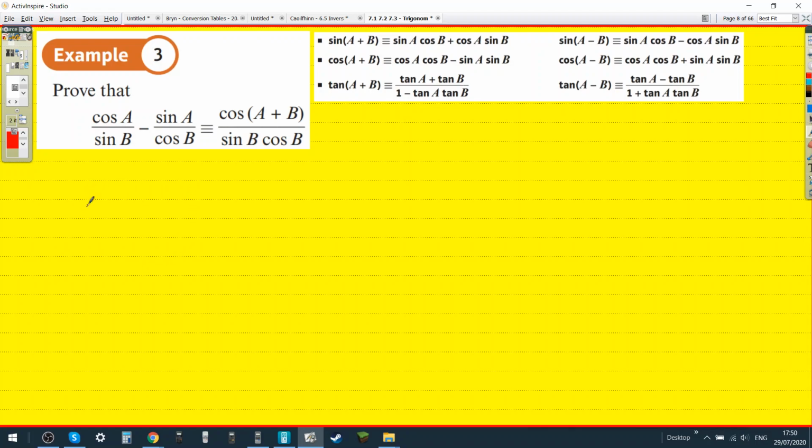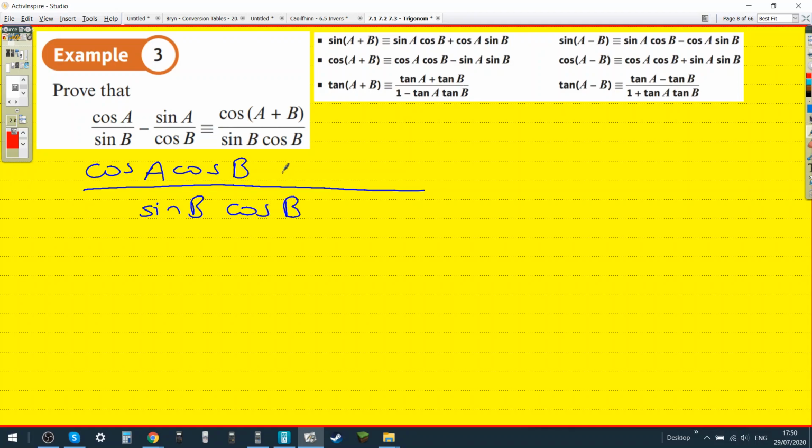So we multiply the first by cos B, so then we get cos A cos B over sine B cos B. Minus, then we multiply this one by sine B, so we get sine A sine B over sine B cos B. So overall we get cos A cos B minus sine A sine B over sine B cos B.